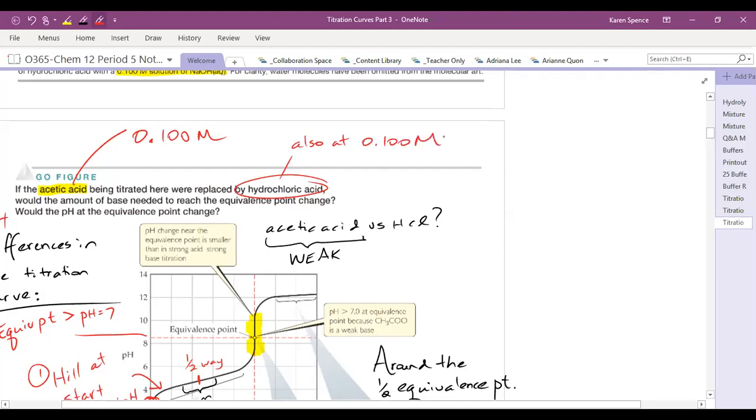Would the amount of base needed to reach the equivalence point change? So we're comparing 0.1 molar acetic acid versus 0.1 molar HCl. Would the amount of base needed to reach the equivalence point be the same, or would it be different?